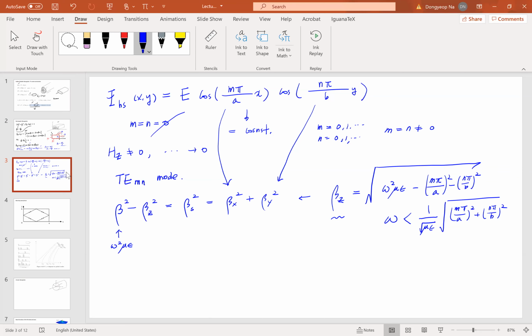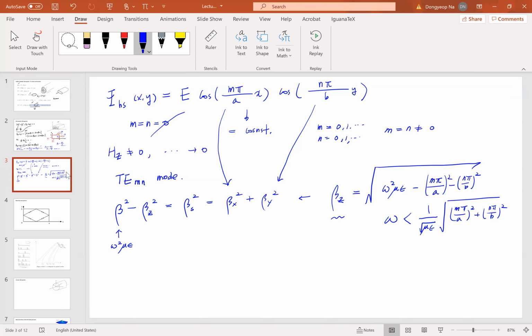That means beta z is going to be imaginary. That means the mode is not propagating but attenuating while propagating. So that's not a propagating mode.